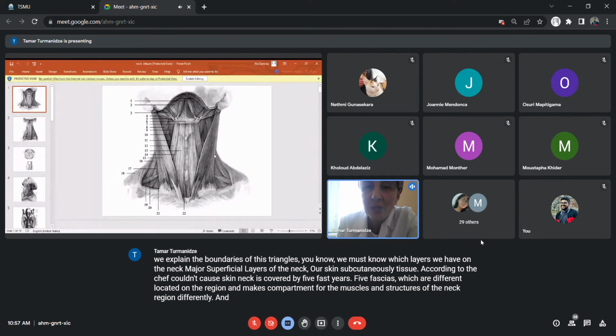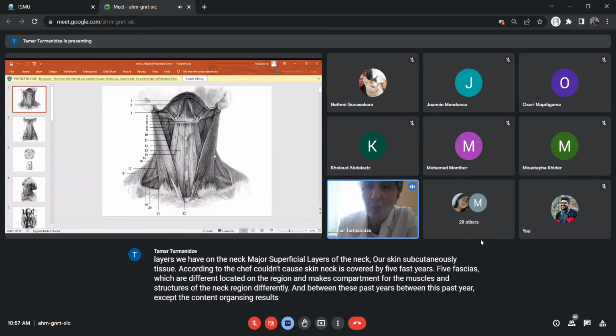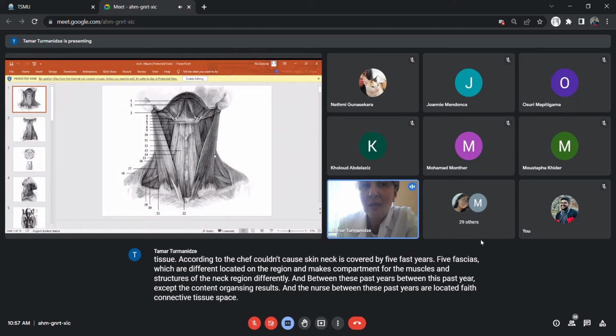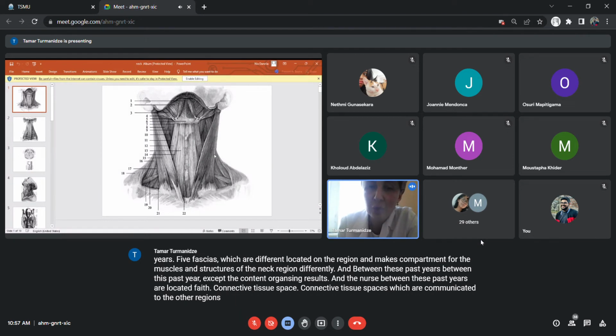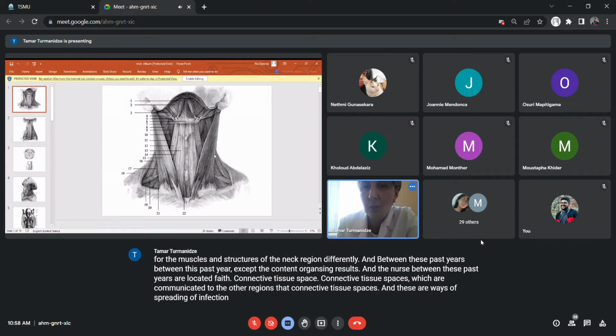And between these fascias, besides the organs, vessels and nerves, are located fat connective tissue spaces, which communicate with other regions. These are ways of spreading of infection and inflammatory processes to other regions.